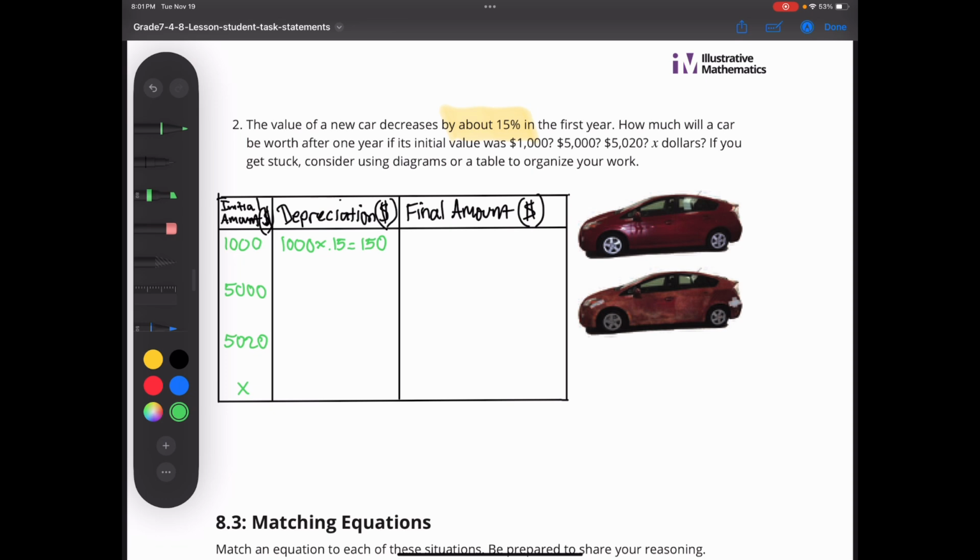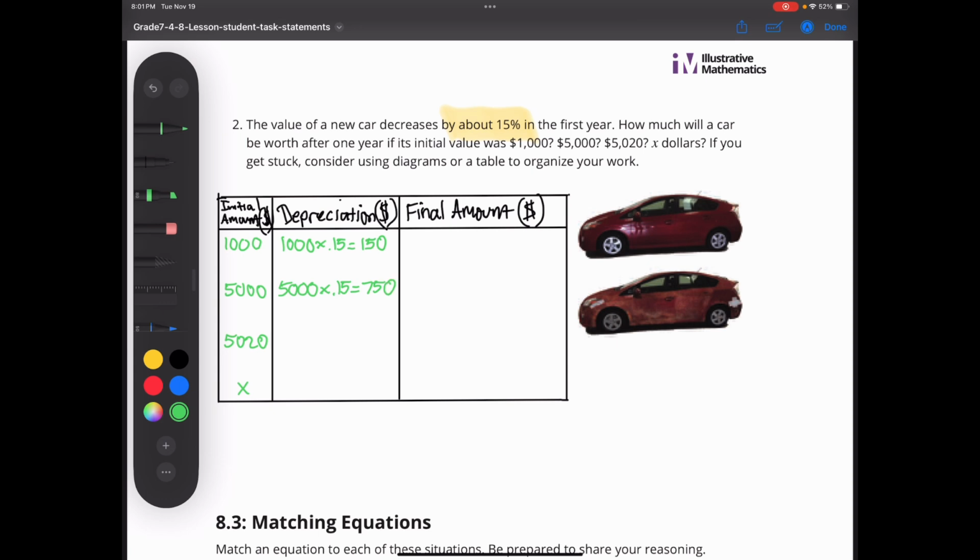So if someone bought something for $1,000 and it depreciated 15%, it would depreciate by $150. If they bought something for $5,000, it would depreciate by $750, because that's 15% of 5,000.